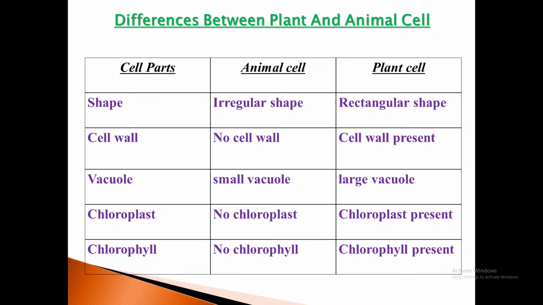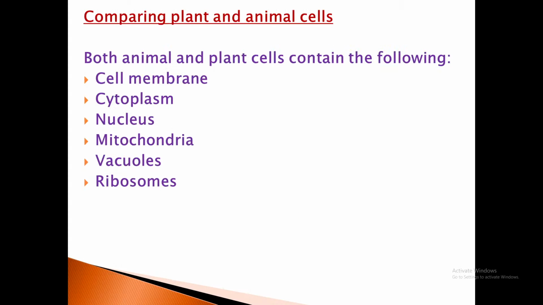Then the cell wall, in animal cell there is no cell wall, but it is present in plant. Vacuole, normally small in animal, but large in plant. As for the chloroplast and chlorophyll, they are both not present in animal cell, but they are present in plant cell. So it is a must that you know the content for that table.